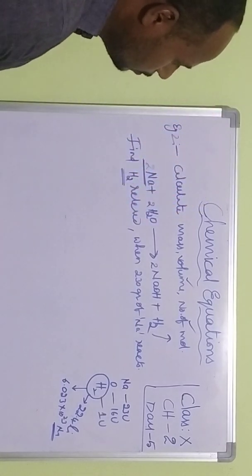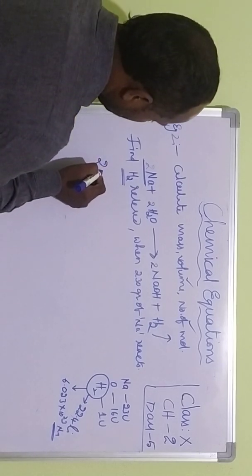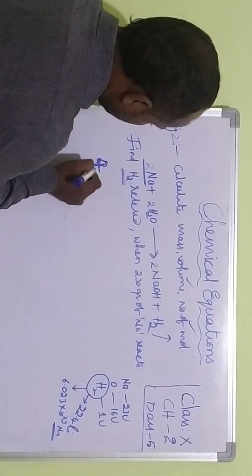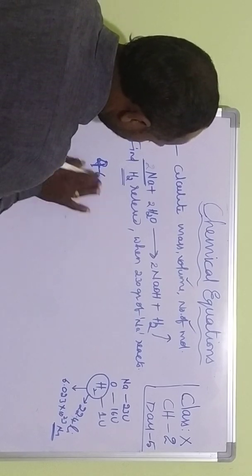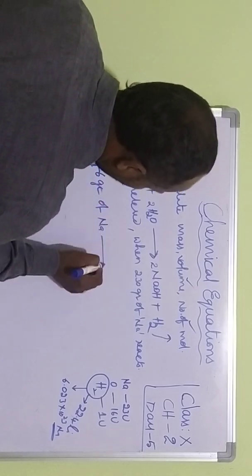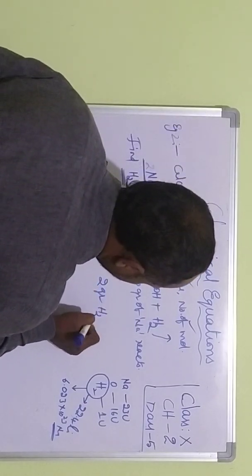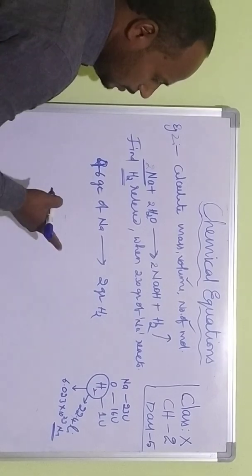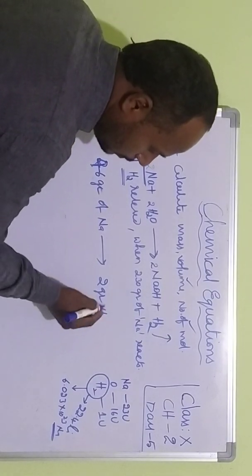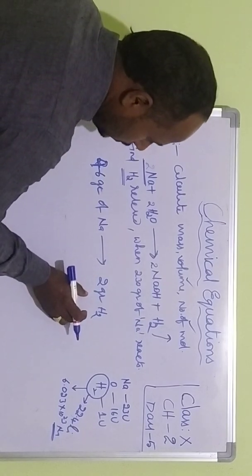What is the volume of occupation, for example, 46 grams of sodium occupying 2 grams of hydrogen. What is the volume for hydrogen?